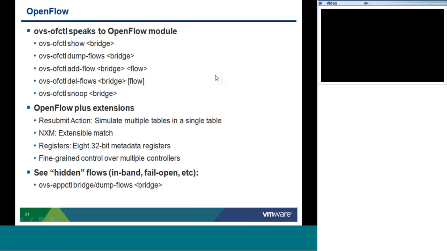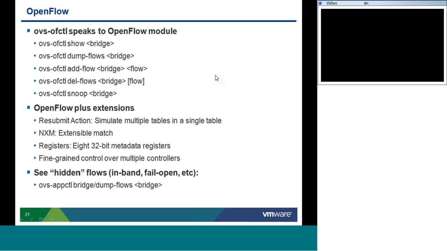So for example, if we have in-band control, which I mentioned earlier, you want the switch to be able to contact the controller over an interface that is controlled by the controller. And so you don't want the controller to be able to do something like put down a flow that says drop all packets, and then it ends up dropping the connection to the controller, and then the controller can never change the state.